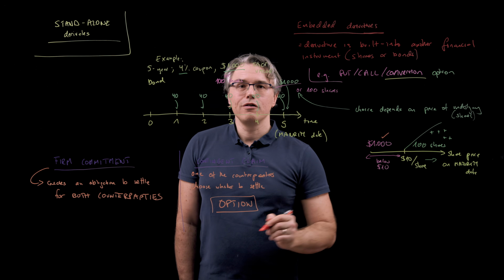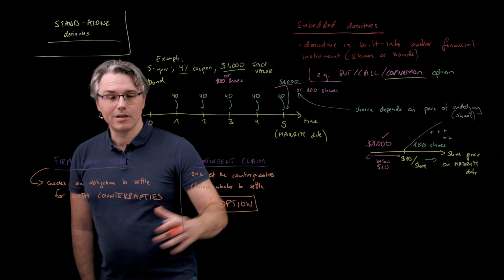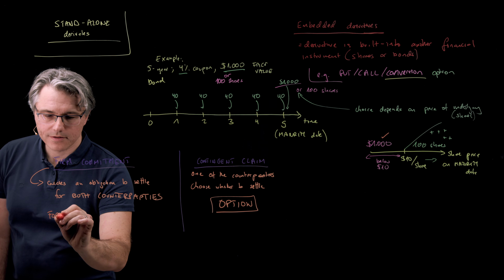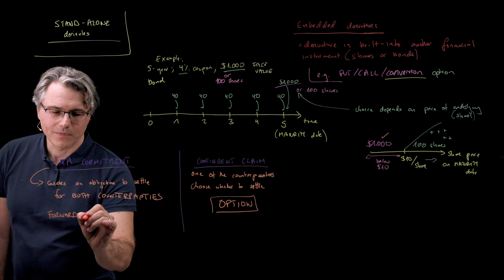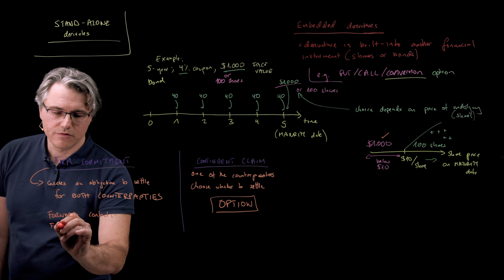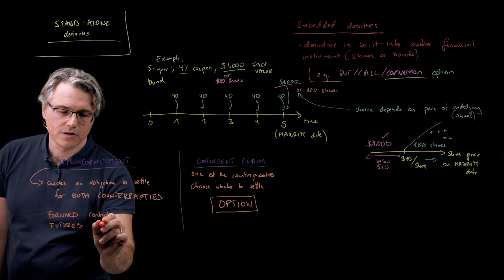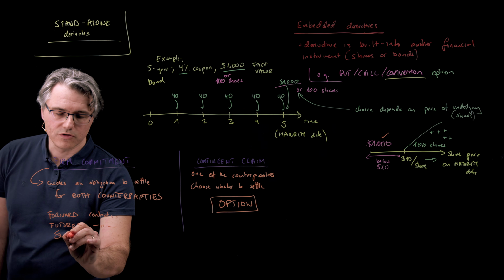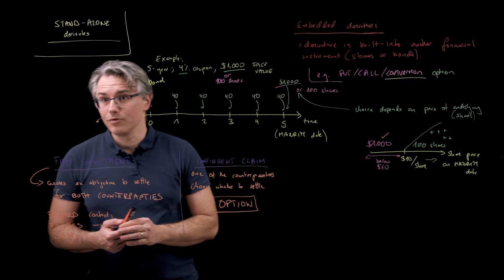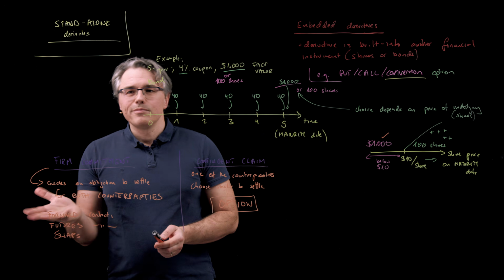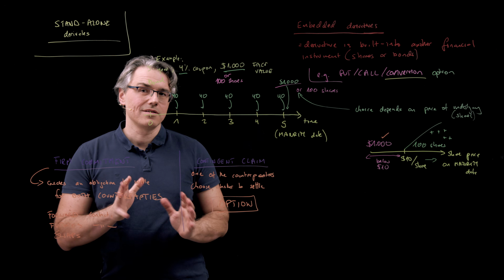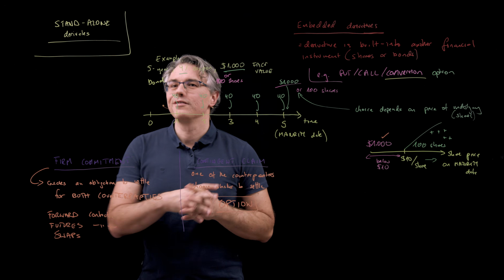They may still choose to go for the 1,000 if that's more favorable for them. So that's a typical feature of a contingent claim. However, forward contracts, as well as stuff that you'll learn about later on, futures contracts which trade on exchanges, but also swap contracts, these are examples of firm commitments that you can't just walk away from. You can close your position or your exposure by entering offsetting positions, but that's not the same as the choice that you have with options.